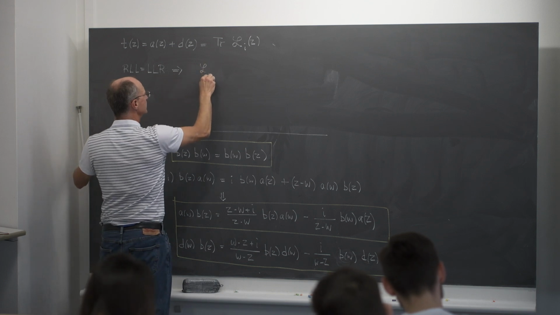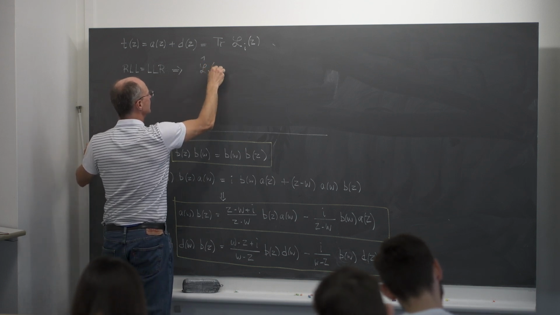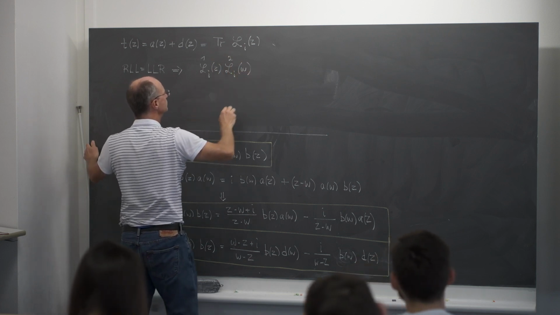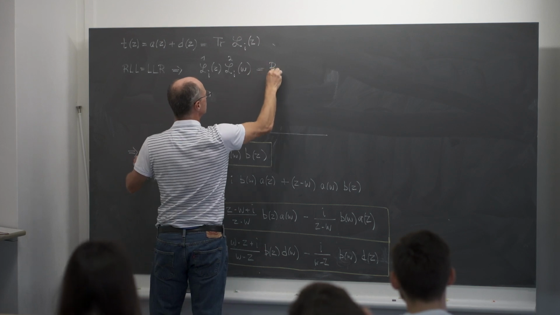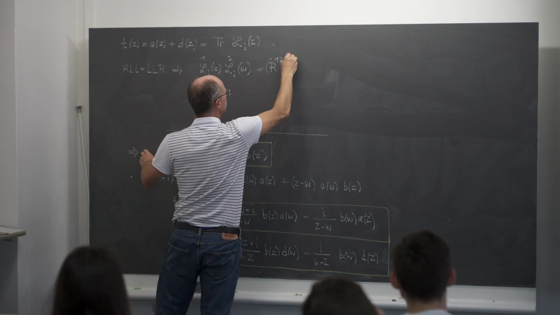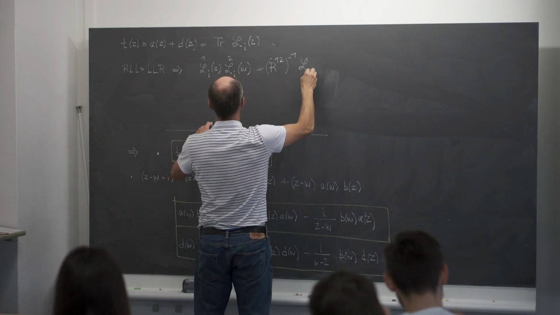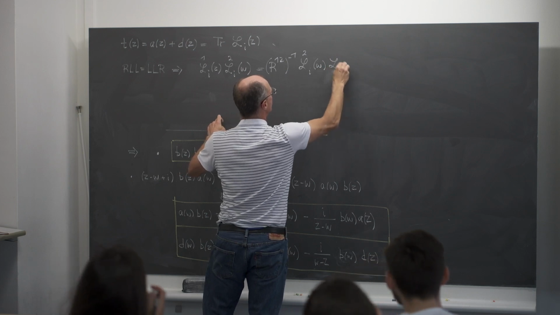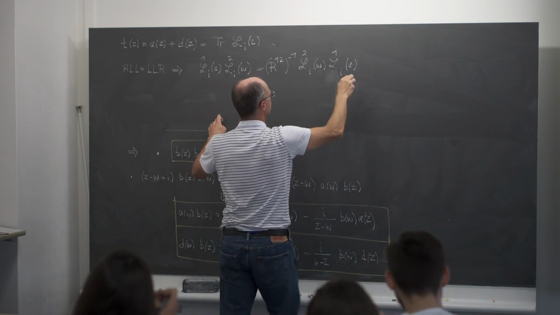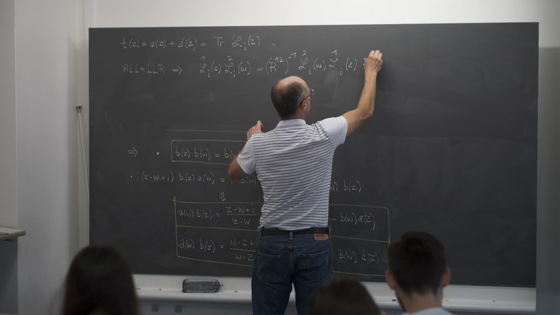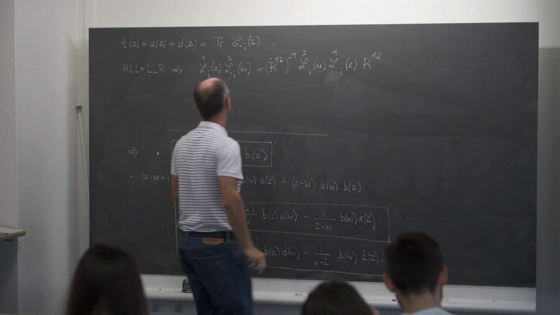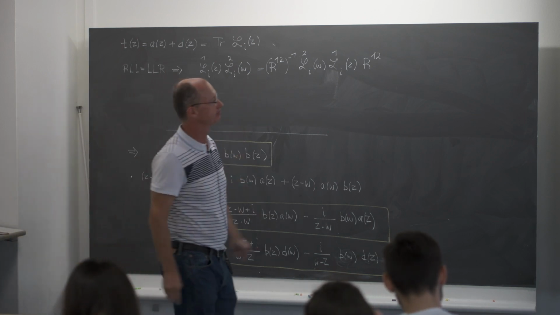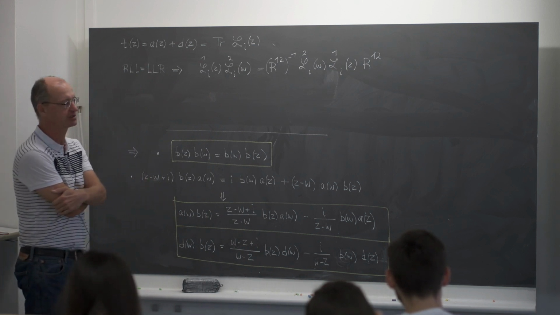So I write it like this: L1 of Z, L2 of W is equal to R12 inverse L2 of W, L1 of Z, R12. Of course, that's the same relation. I just took an inverse. Took this R matrix on the other side.